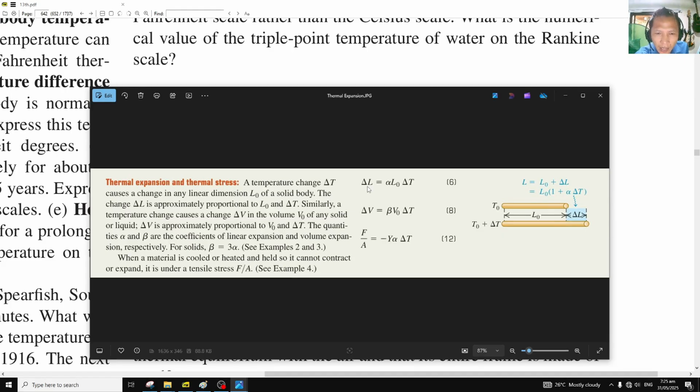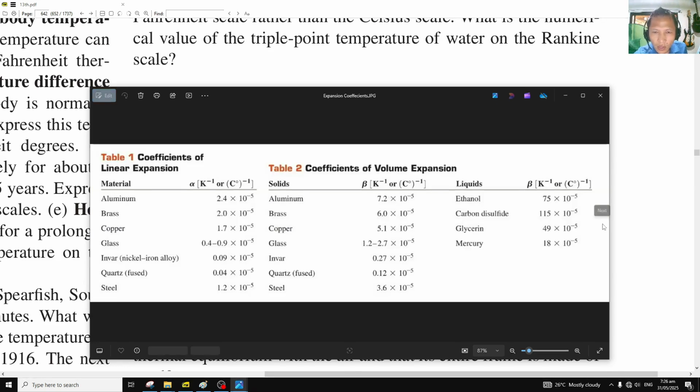So delta L, the change in length, would be alpha times the original length, times the change in temperature. The only thing to look up is alpha, from the table of coefficients of linear expansion.